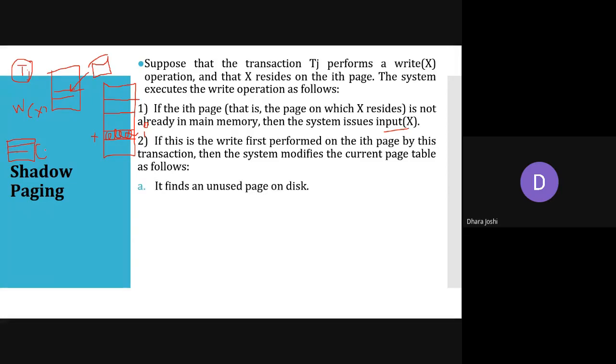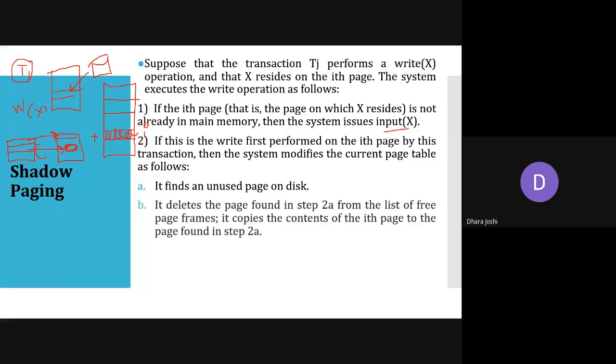First, it will find an unused page on the disk. Suppose this is a disk, with pointers pointing to different pages, like 1, 2, likewise. First it will identify an unused page on the disk. Suppose this is the unused page. Then it deletes the page found in this step, which is step 2A, from the list of free pages.